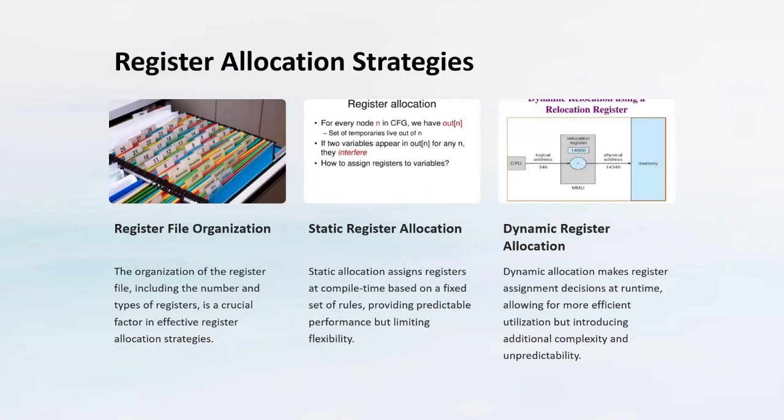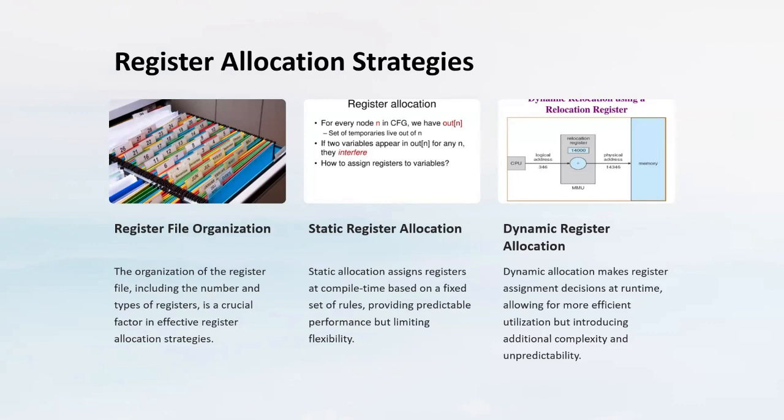Coming to different strategies for register allocation. Register file organization. The organization of the register file, including the number and types of registers, is a crucial factor in effective register allocation strategies. Static register allocation.